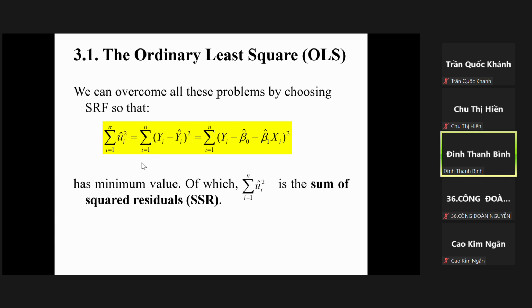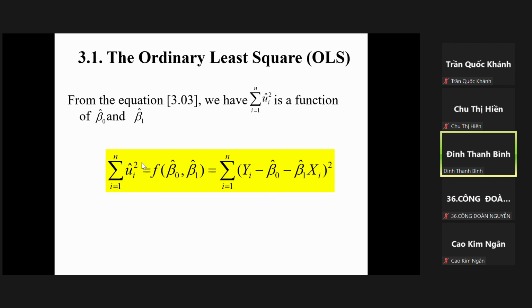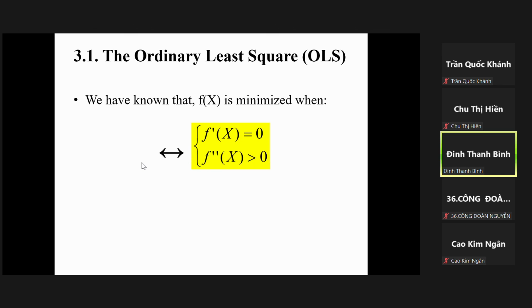So now we have to find beta 0 hat, beta 1 hat, so that the sum of u hat squared gets minimum, right? After solving the mathematics exercise, you don't have to study all these steps or this solution in any textbook we have.